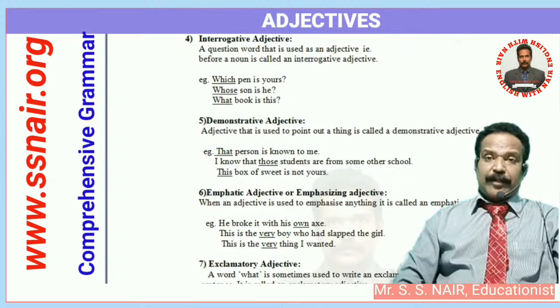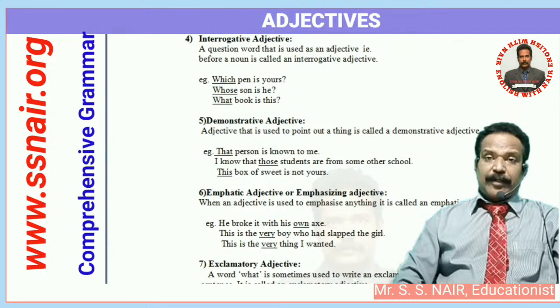Now let's talk about demonstrative adjectives. An adjective that is used to point out a thing is called a demonstrative adjective. Point out a thing: that person, this person, those, these. Just as we had demonstrative pronouns, but here, as I told you, these words will be used before a noun. In demonstrative pronouns, we'll say, this is an apple.